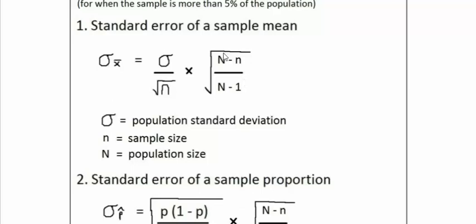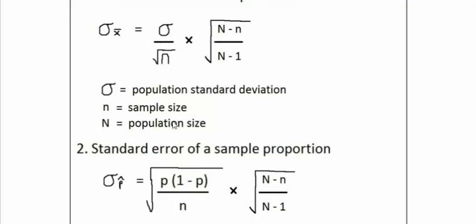This is the correction that you have to use when the sample is more than 5% of the population. So notice how these two formulas are the same as they were before, but it's just multiplied by this extra piece right here, this correction. So capital N is population size, little n is sample size.